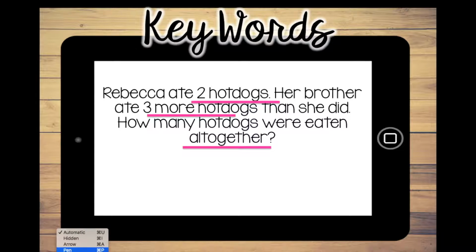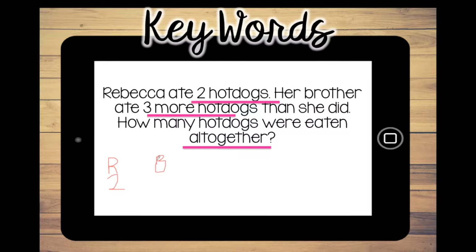Okay, so if we were going to figure this out without drawing pictures and we were going to write addition sentences, I would first write an R for Rebecca, and I'm going to write down everything I know about Rebecca. Rebecca has 2 hot dogs. Her brother, I'm going to write a B for brother, he ate 3 more.